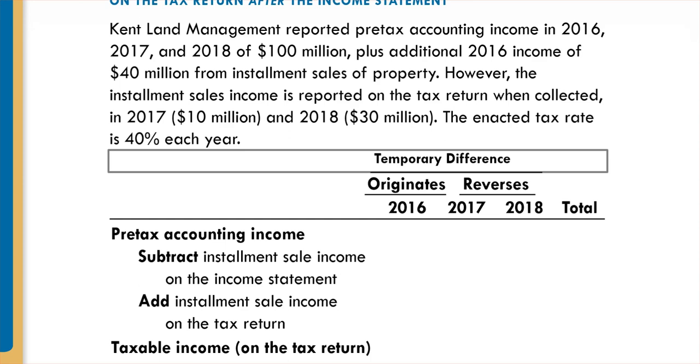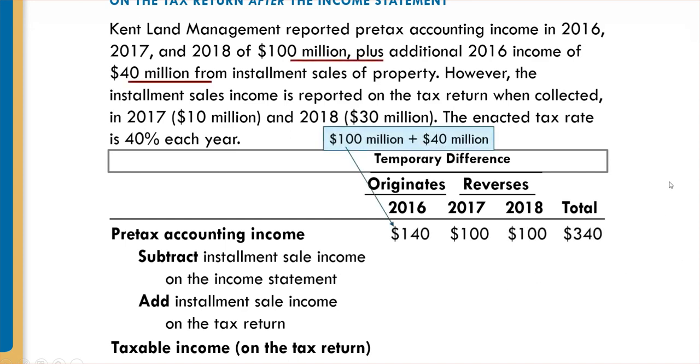I want you to see you start with the pre-tax accounting income, the income statement before tax. That's what that is. In the first year, they say you have 100 million in pre-tax accounting income, but you have an additional 40 million. So let's start plugging in some numbers here. You notice the first one then is really 140.